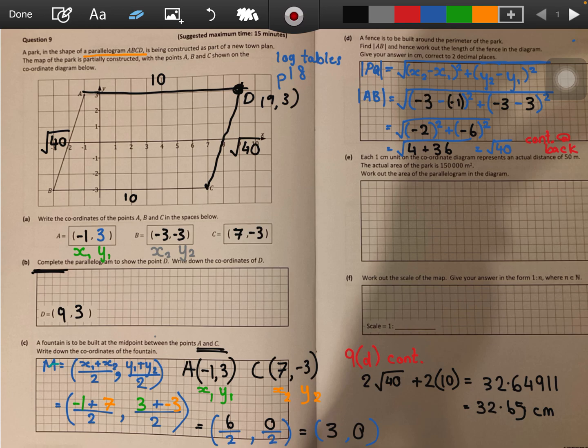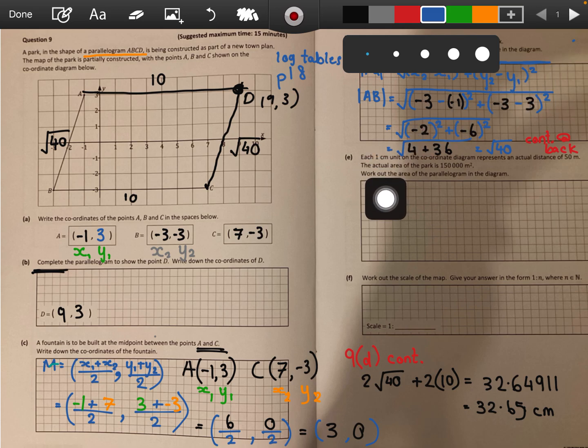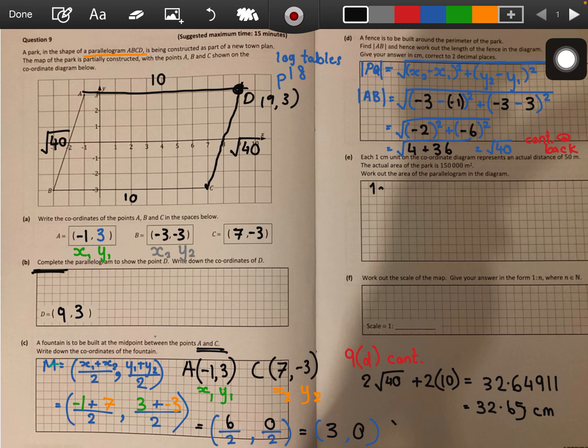So this is just a ratio or a scaling question. We have 1 centimeter goes to 50 meters.